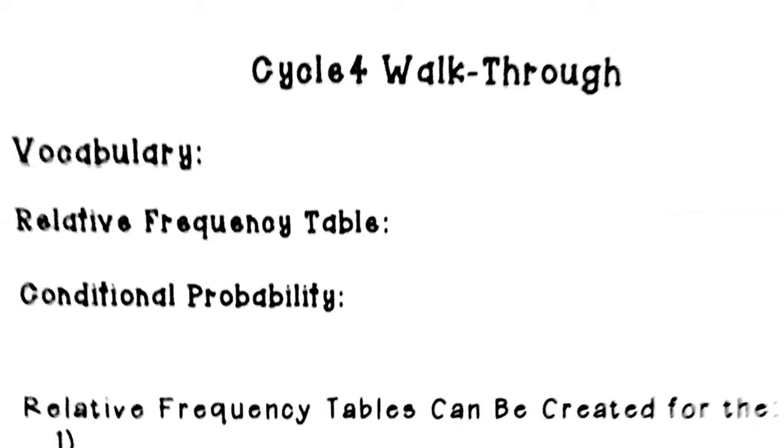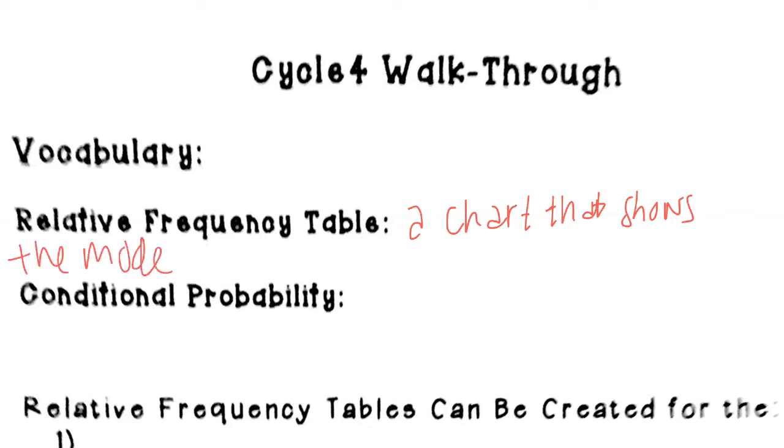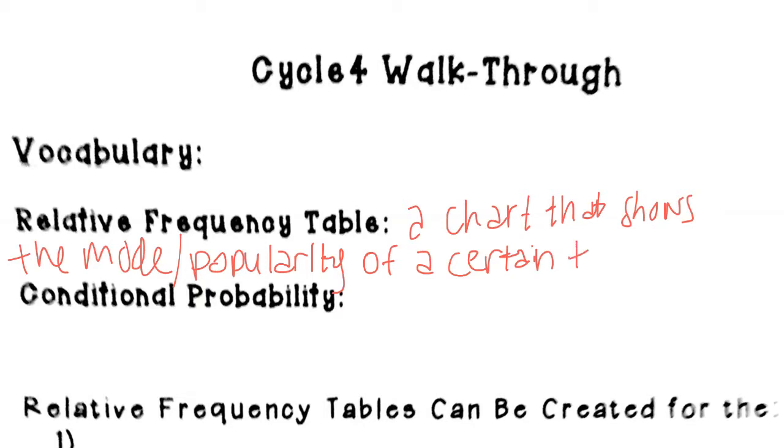talked about in the tutorial notes, is a chart that shows the mode or popularity of a certain type of data.